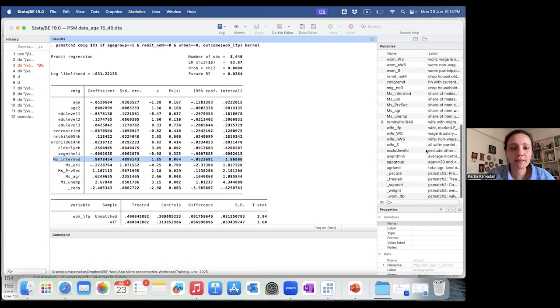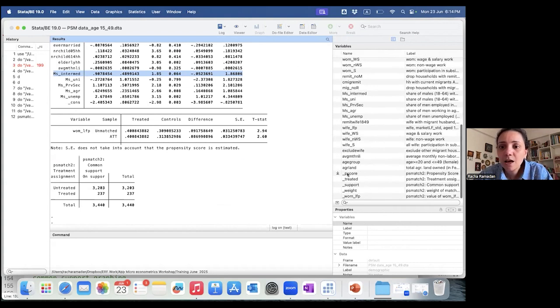You can see here, I don't know if you can see it, I'm trying to make it larger but I'm not succeeding. Several variables have been produced: P-score, treated, support, weight, and women labor force participation, the value of women if they are working.